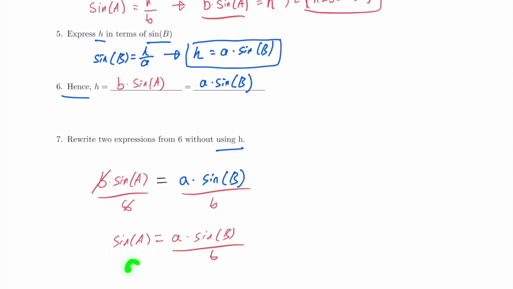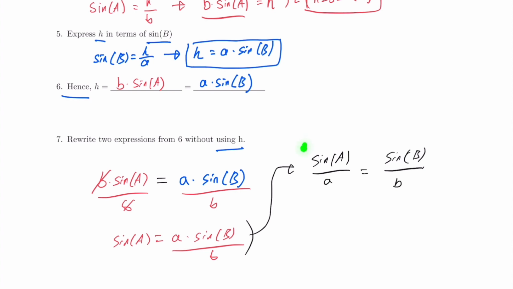So then A will come right here, and this A will cancel out. Let me write that right here. I get sine of A over length A equals sine of B over length B. So this is a portion of the law of sines. But let's first interpret this result.